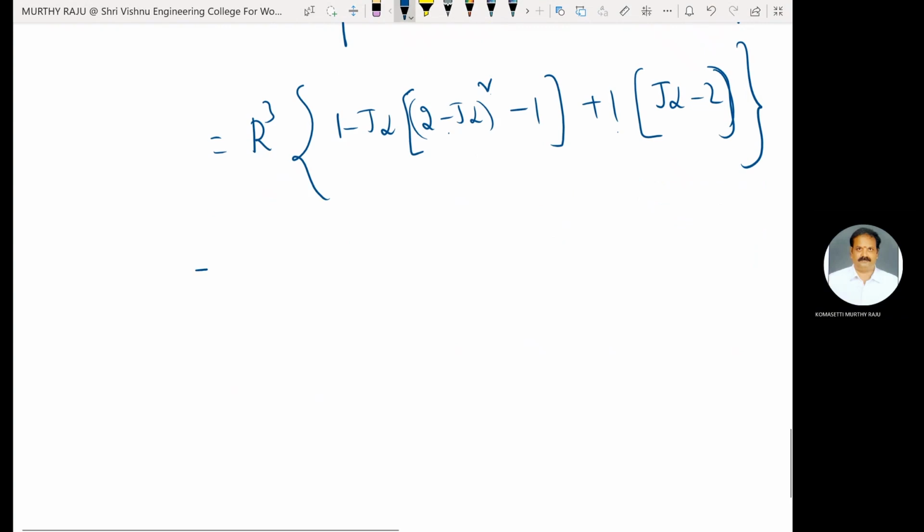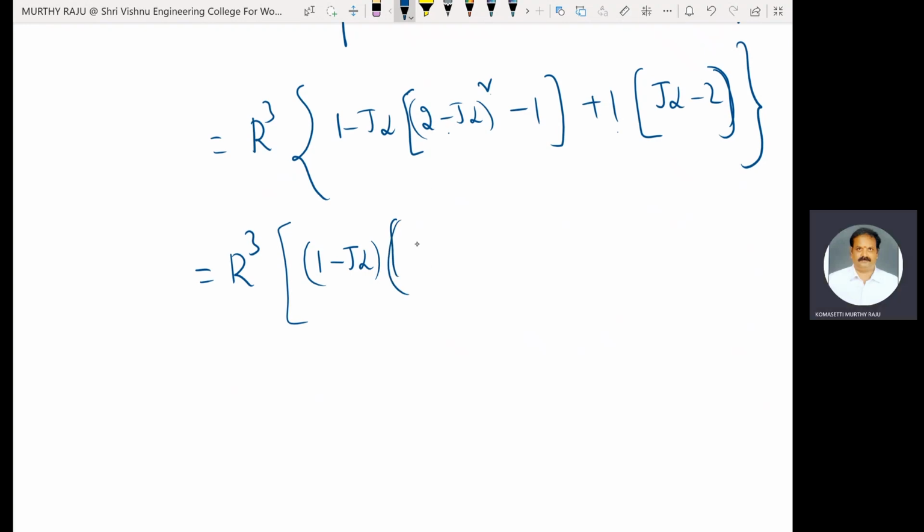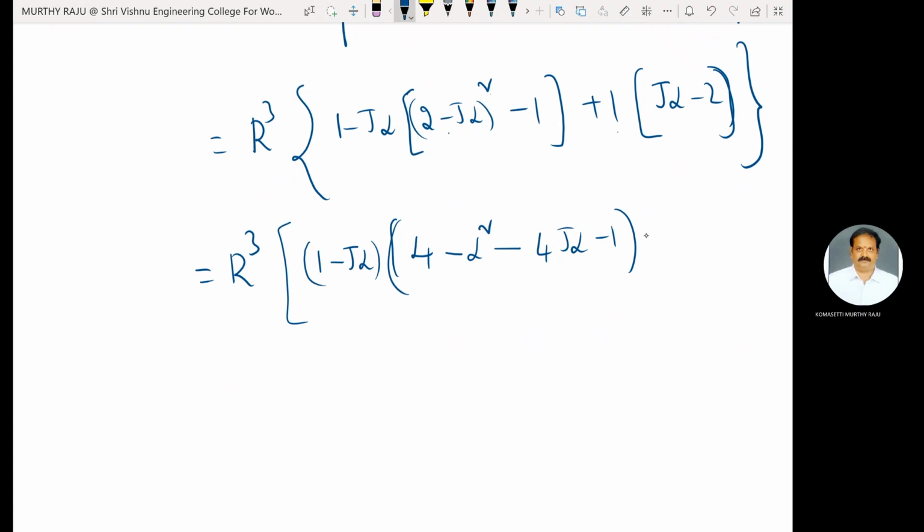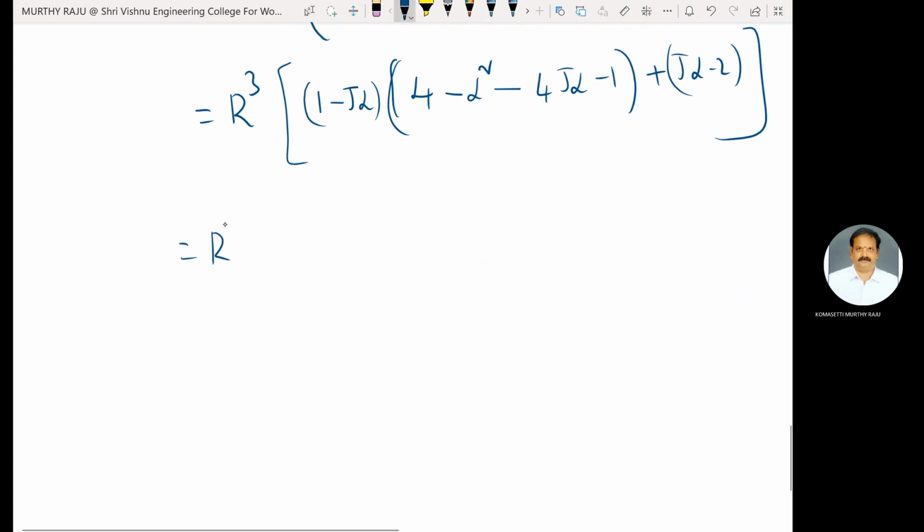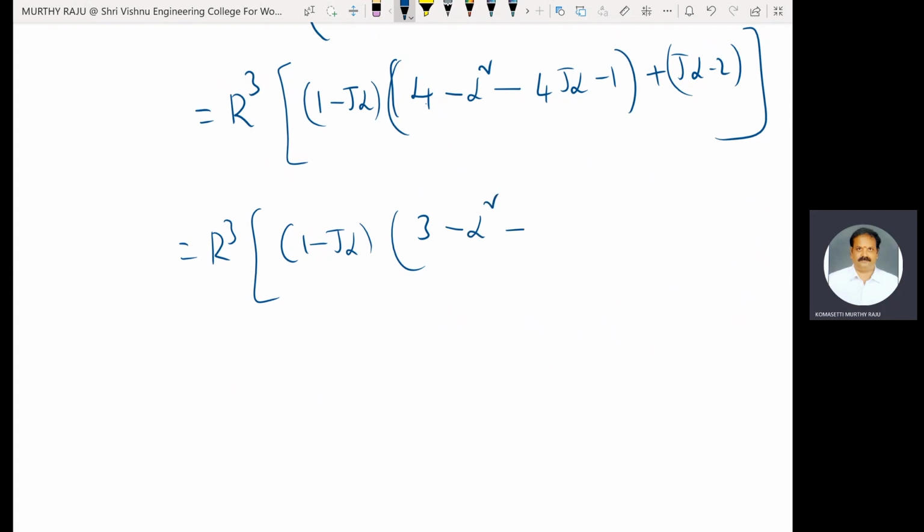Simplify this expression. That is equal to R cube times (1 minus j alpha) times (a square plus b square): 4 minus alpha square, with j square equal to minus 1, minus 4 j alpha, minus 1, plus j alpha minus 2. That gives R cube times (1 minus j alpha) times (3 minus alpha square minus 4 j alpha) plus j alpha minus 2.